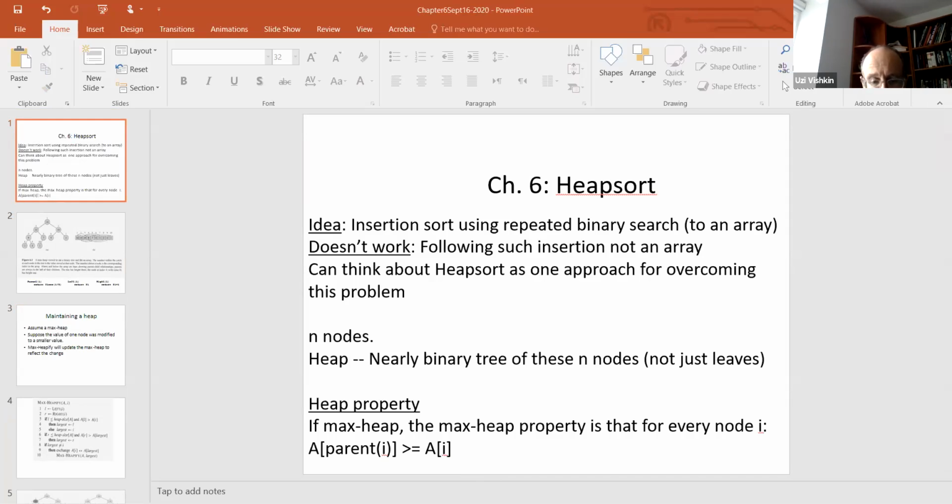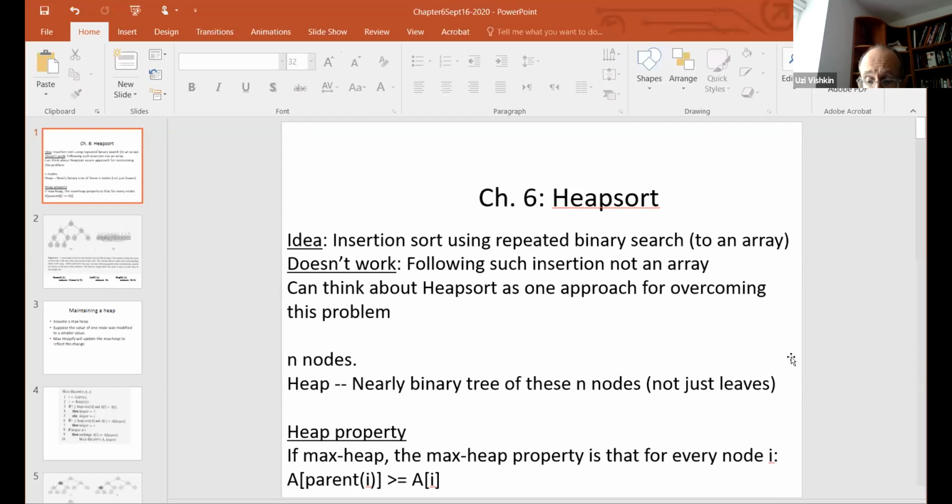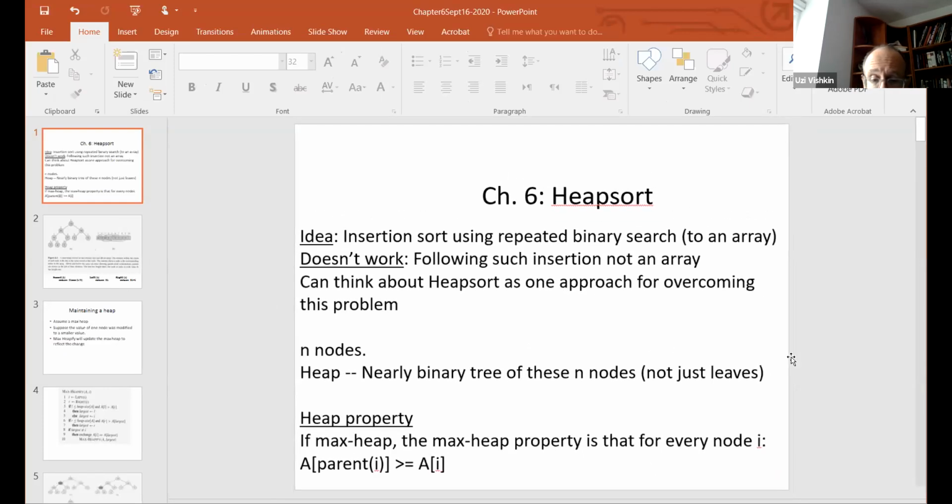So this is chapter 6. Okay, so let's try and proceed with that.